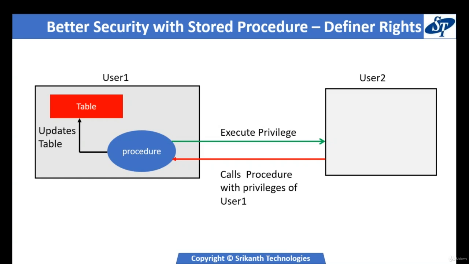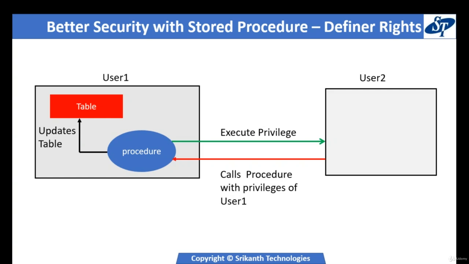But how can user 2 make changes to a table that belongs to user 1 when user 2 has no privilege on the table? The answer is, when user 2 is running the procedure, he runs the procedure as if he were user 1.